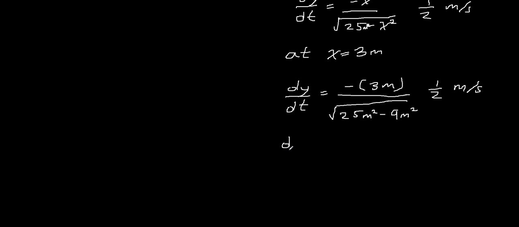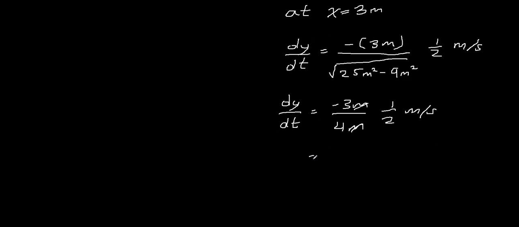This is equal to negative 3 over 25 minus 9 is 16, root 16 equals 4, right? So negative 3 meters over 4 meters. Meters cancel out. You get negative 3 over 4 times a half meters per second, which is negative 3 over 8 meters per second. Let's check. Yes, I'm right.